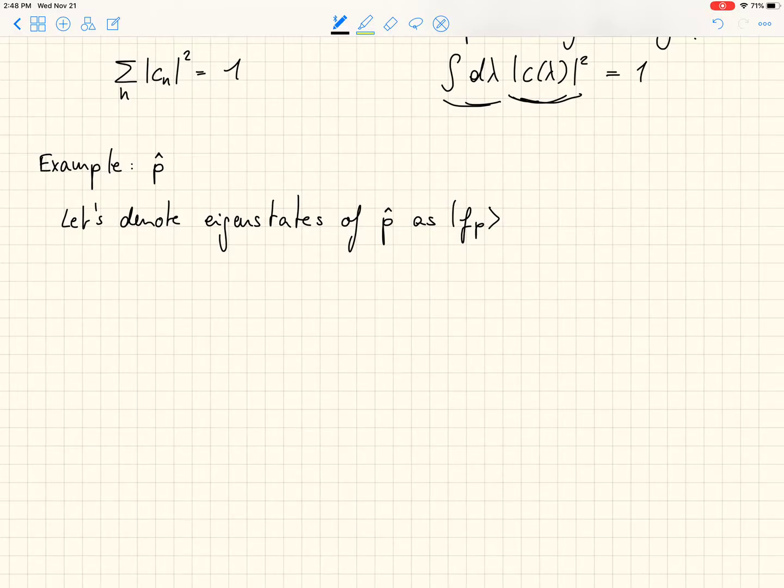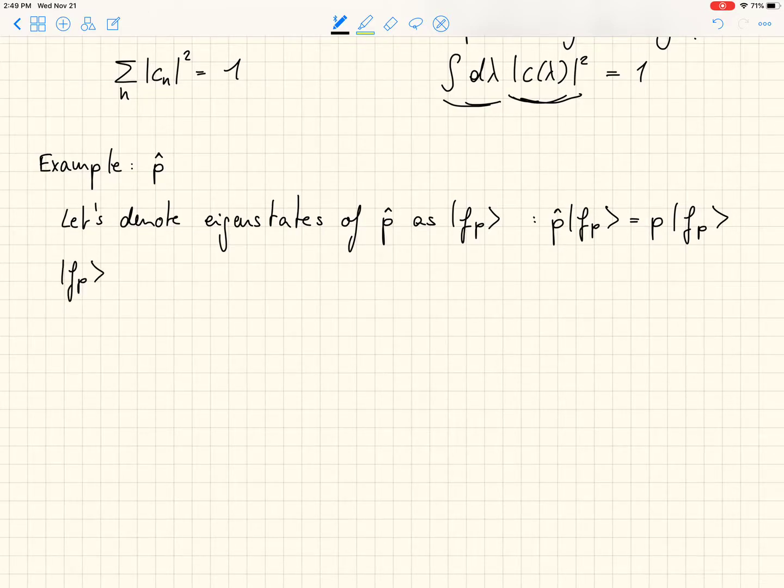And so meaning that if I apply the momentum operator on Fp, this is equal to P Fp. Okay.